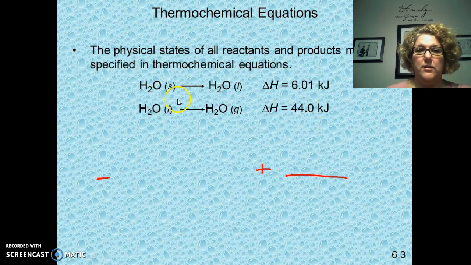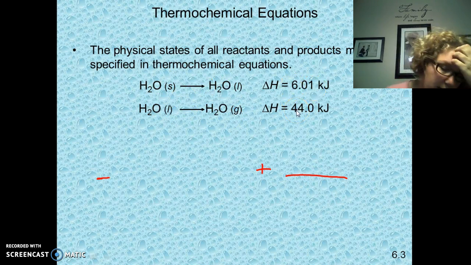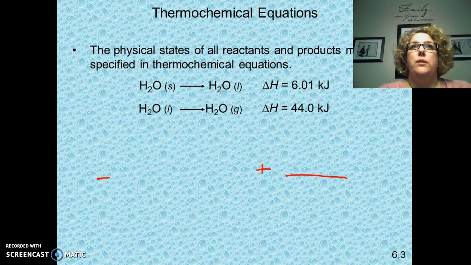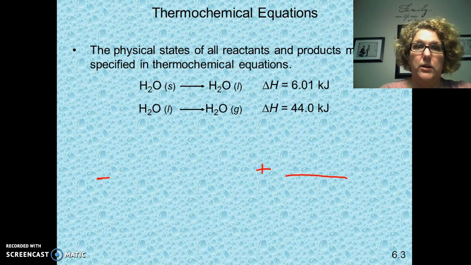It doesn't take nearly as much energy to melt an ice cube as it does to boil a mole of water. Several times more energy is needed. That's because liquid molecules have a little bit more energy than solid, but the gaseous ones that are flying around super fast all over the place, those have the most energy by far. So this is why it's so important to pay attention to the state, because it does definitely make a difference.